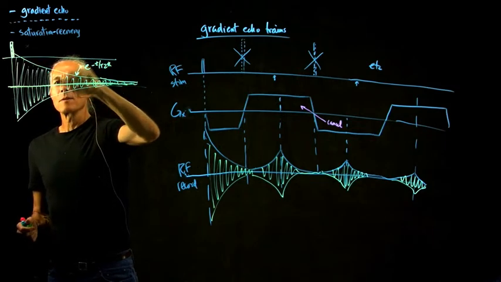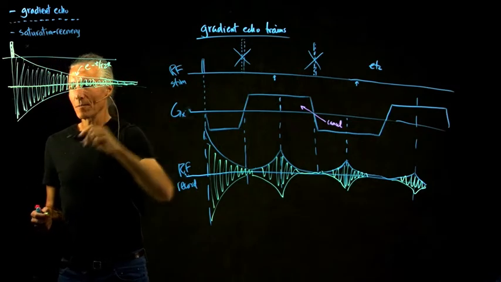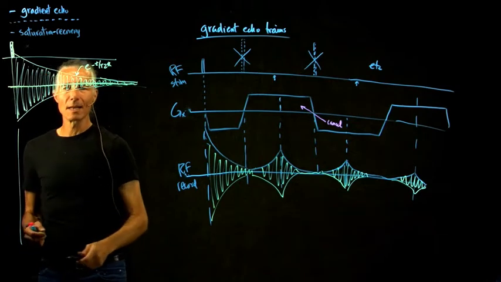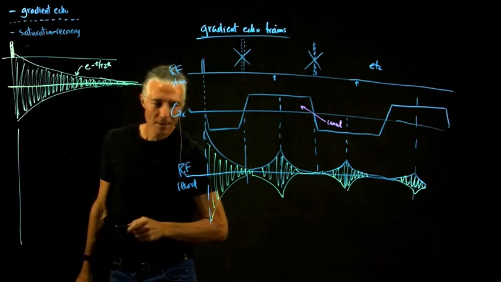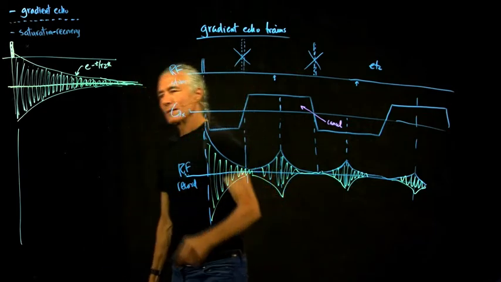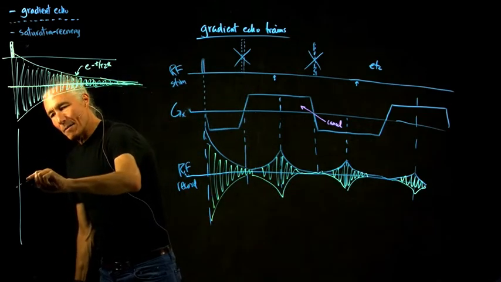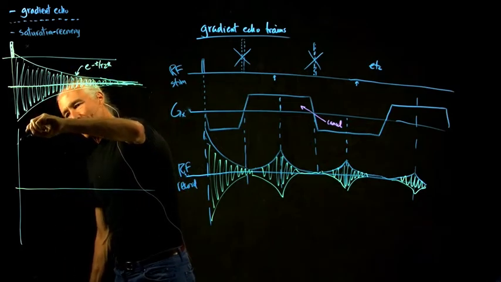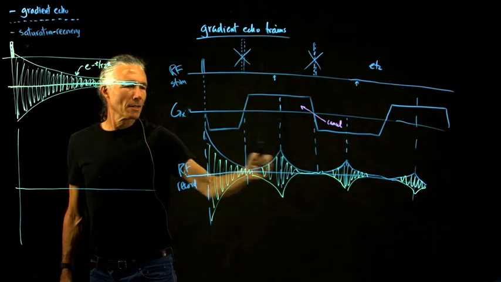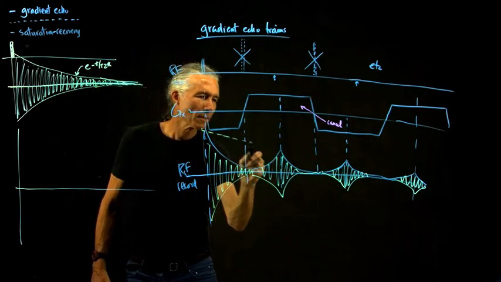So if we do EPI, what's going on here? Well, we're actually cramming in 64 echoes to this thing, like this. So what's actually going on is, here's that curve, I forgot to draw that in.